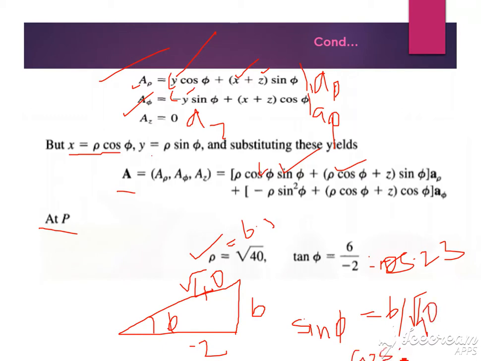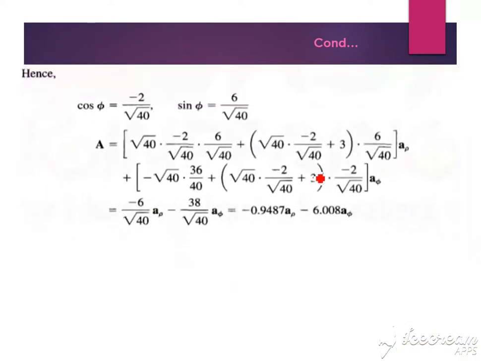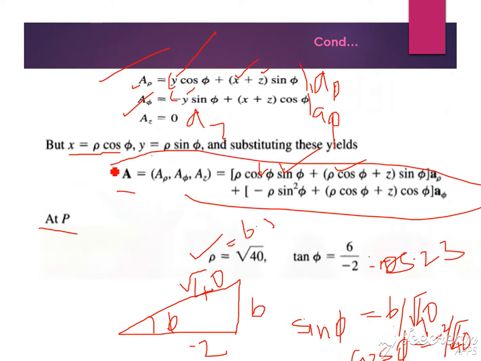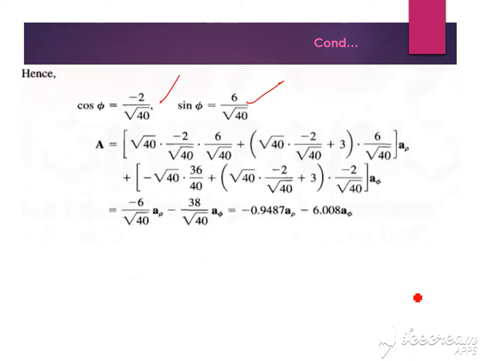Cos phi is nothing but adjacent side, minus 2, divided by hypotenuse, that is root 40. So simply substitute the values, we derive sin phi and cos phi, substitute sin phi and cos phi in this expression. So we convert the Cartesian into cylindrical.